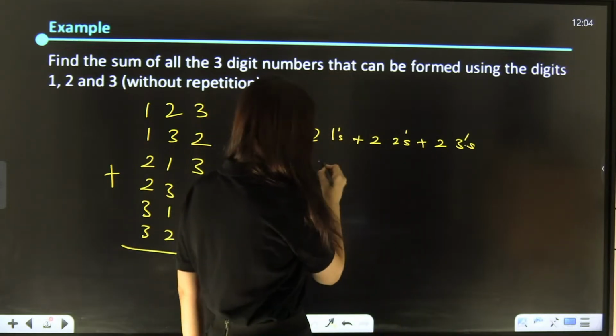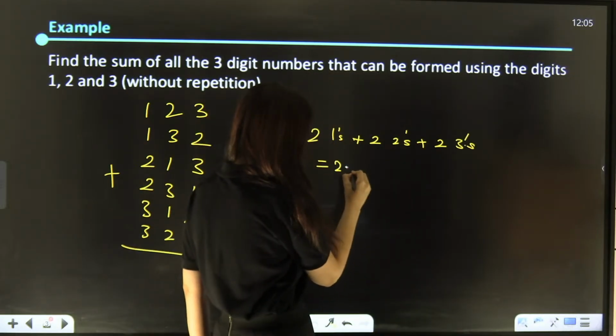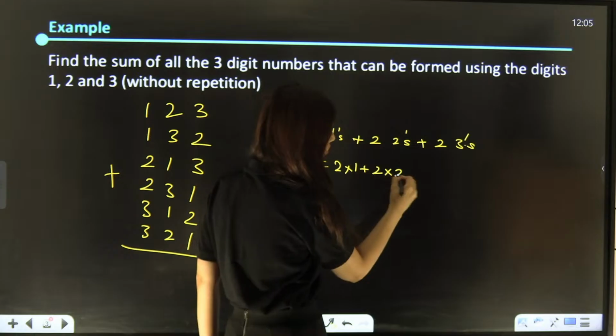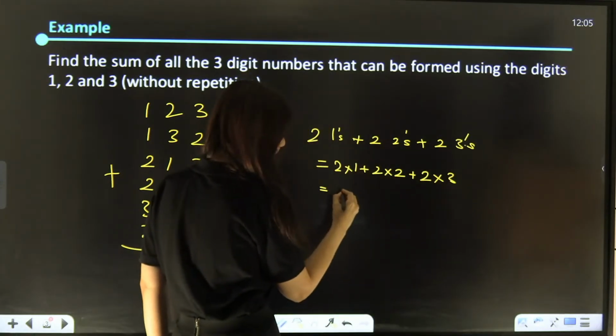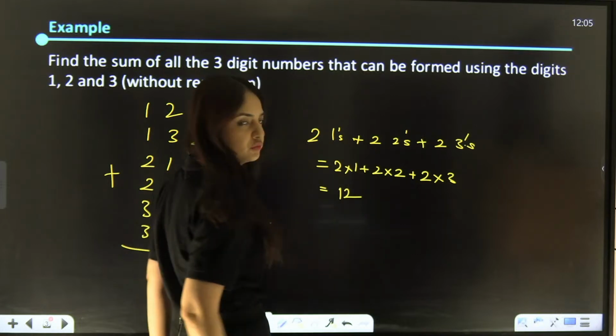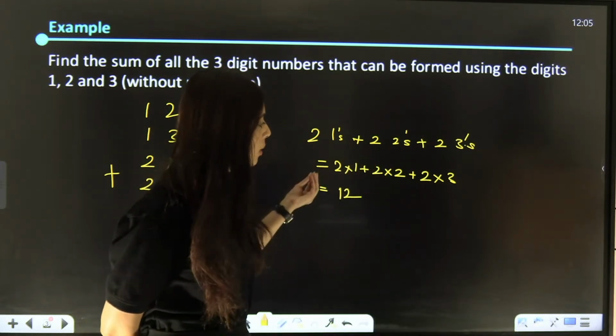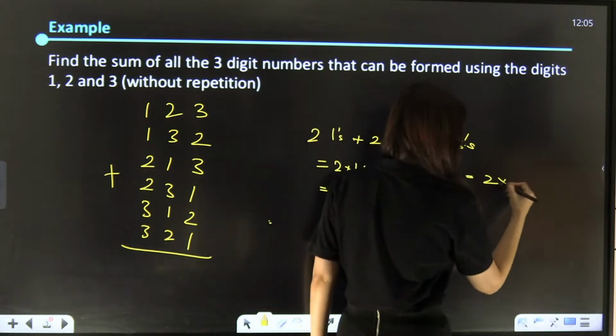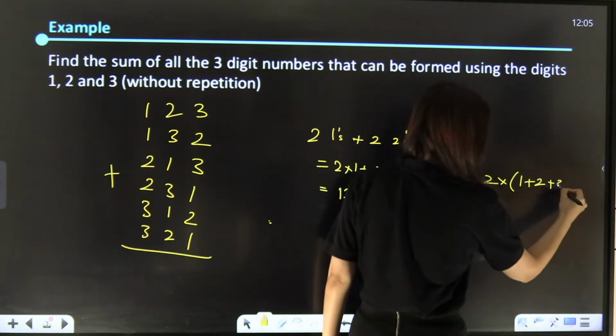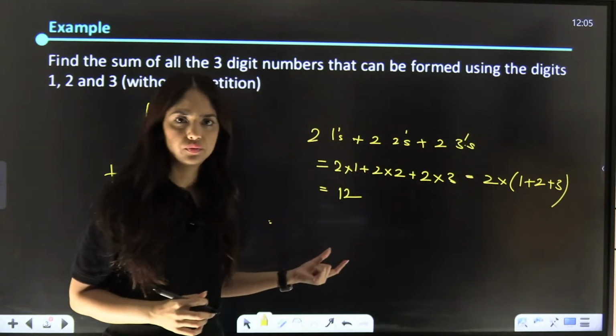So what does this sum up to? 2 into 1 plus 2 into 2 plus 2 into 3, that is 12. If you take 2 common, this becomes 2 into 1 plus 2 plus 3, so we get 12, right, for each column.